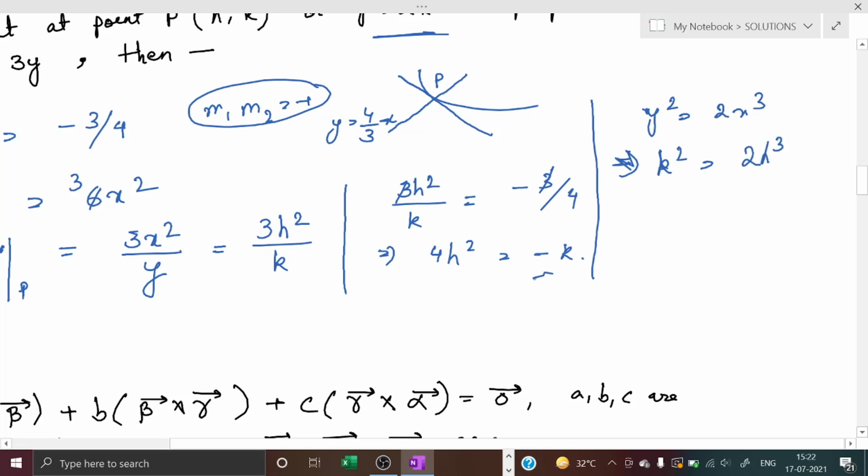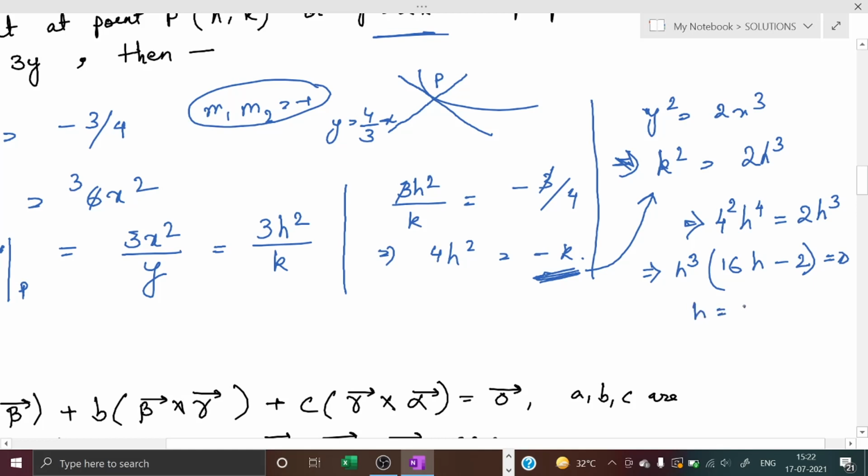So if you put the value of k over here, we will get 4 square h to the power 4, 4 square is 16, equals 2h cube. So if we take h cube common, we get 16h minus 2 equals 0.